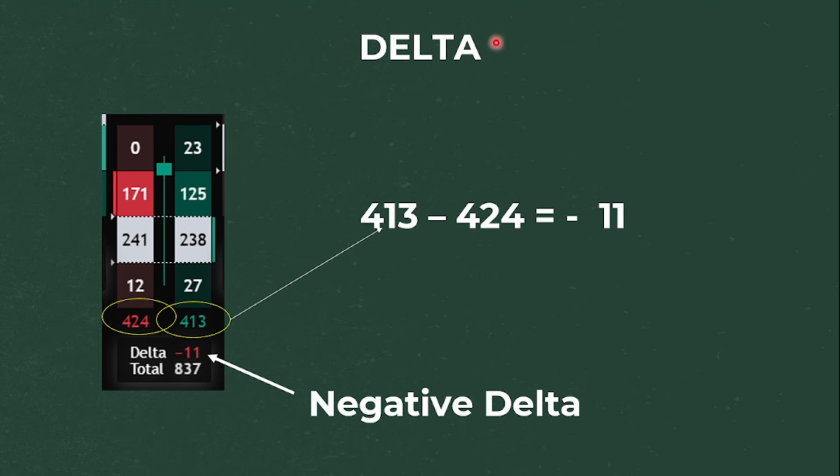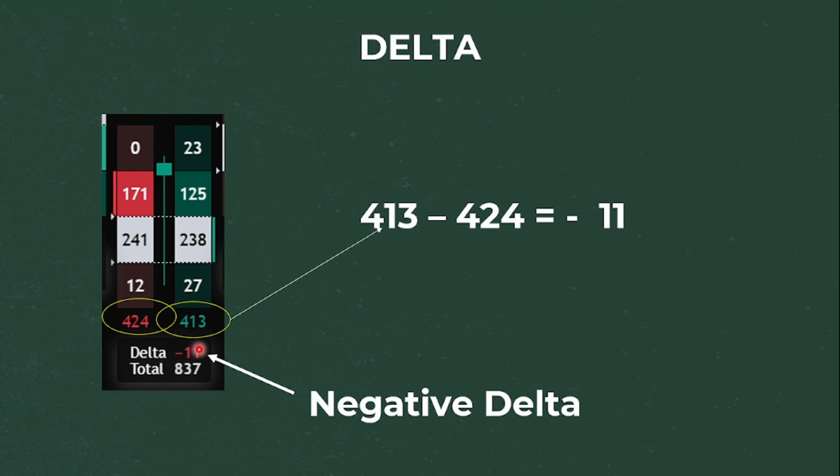So let's find out the delta right here. It's the candle delta. Actually, it's the ask bid footprint right here. As you can see there is a delta number. How do we find out this delta number? Firstly, we have to subtract the total volume of the sellers from the total volume of the buyers.